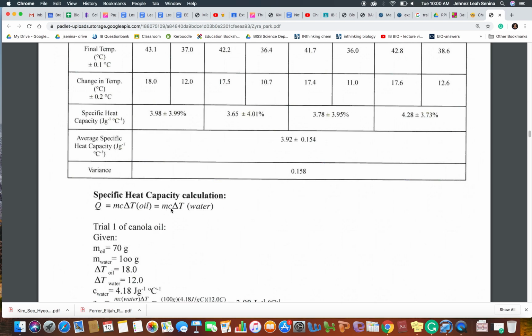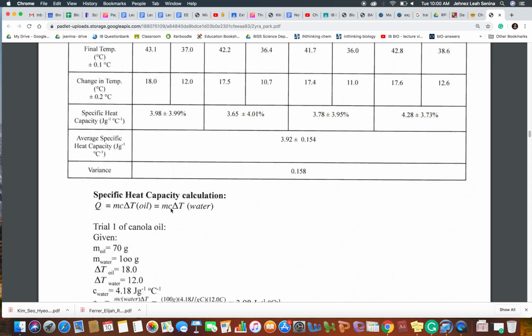She knows the specific heat. She calculated the delta T, right? If she knows that, then she knows Q of water. But the Q of water is the same Q of oil, right? Because the heat just transfers to the oil. This is made up of metal, so that the heat change of this transfers here.